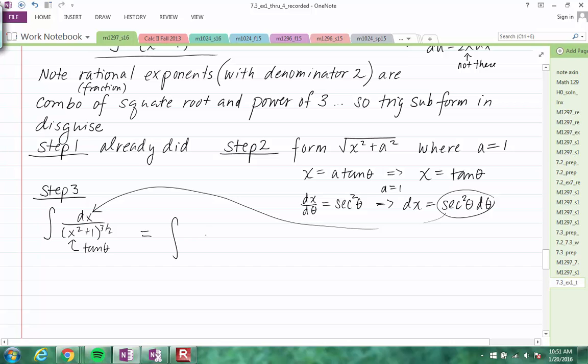So doing that, I have secant of theta squared on the top times d theta, and then careful here, it's the x we're putting tangent theta in for, so it's going to be another set of grouping symbols: tangent of theta squared plus 1, close up the outer parentheses, and then we have a power of 3/2. Now this is supposed to help us, and we're looking at it, and maybe it's not obvious.